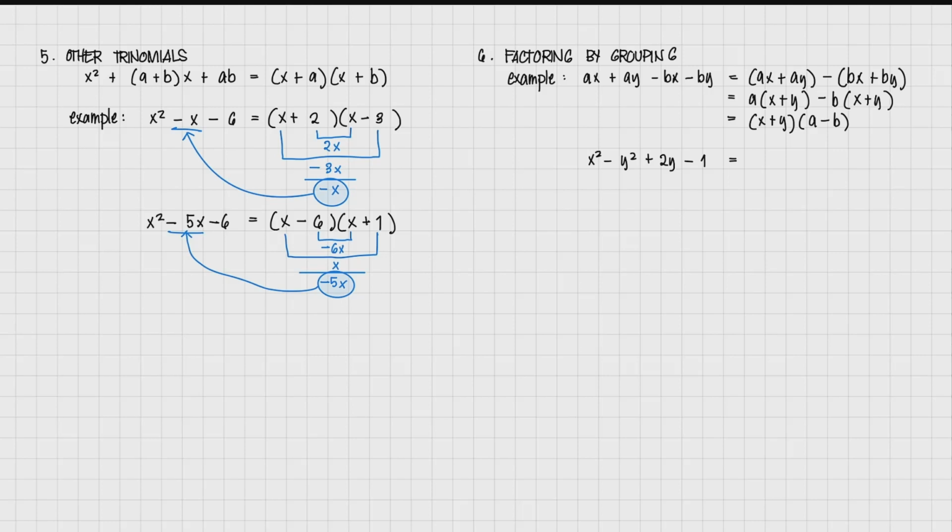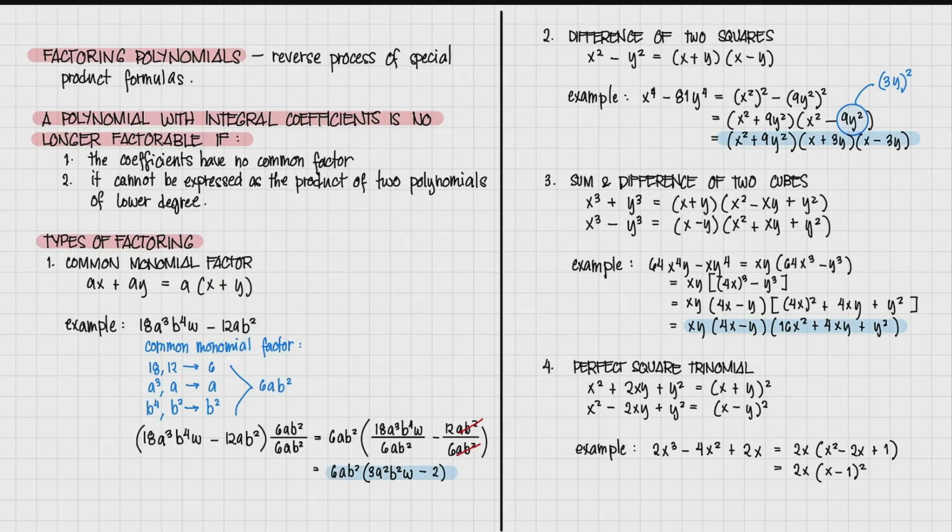So from here, we have x squared minus y squared minus 2y plus 1. Since this is a perfect square trinomial, we could use this formula in factoring.